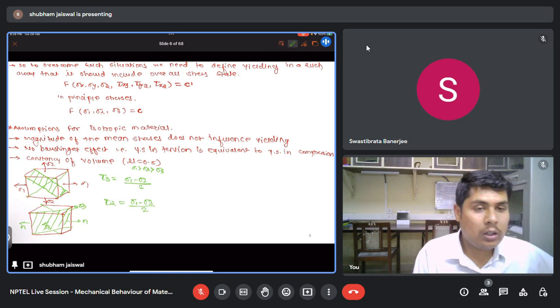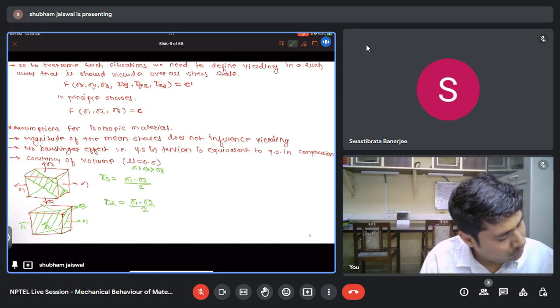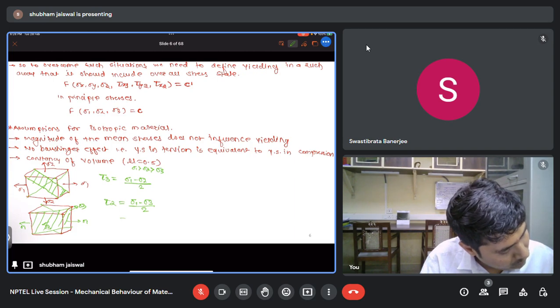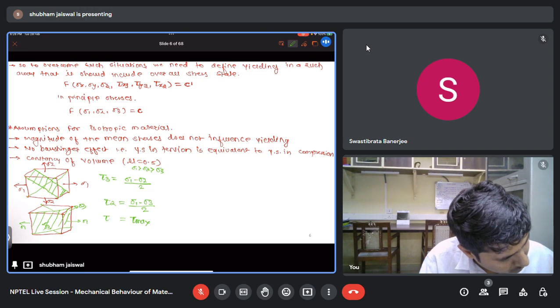As you can see here, sigma 1 is greater than sigma 2 is greater than sigma 3. So this whole difference will be greater than all other differences. So this will be equal to our tau max. So that is the maximum shear stress.